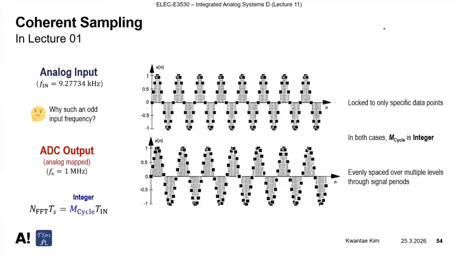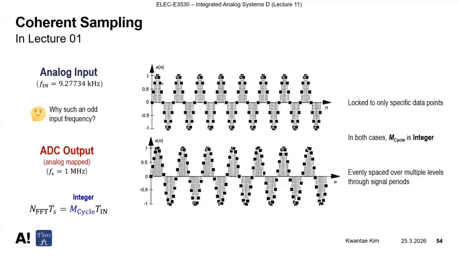But this is not preferred. The upper case is exactly aligned to an integer relationship between the input frequency and the sampling frequency, and in the lower part a slightly different value was chosen, such that all the sampled values are pointing at different levels.